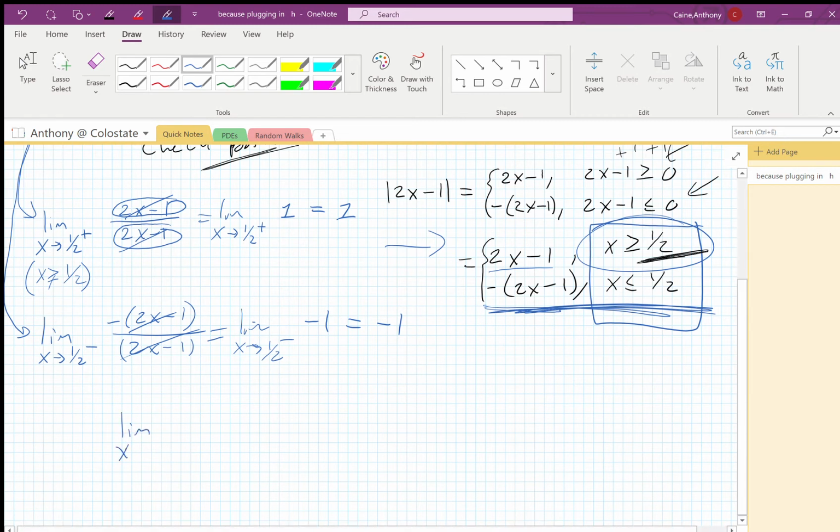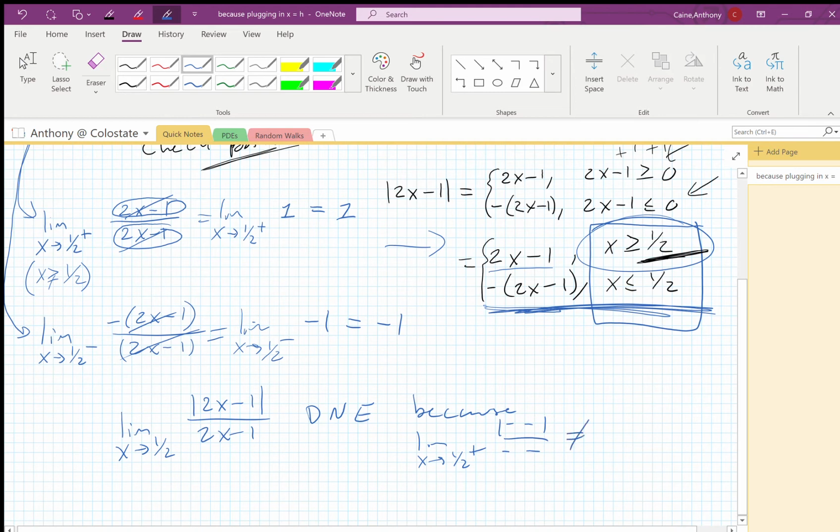Our conclusion is that the limit as x goes to 1/2 of the absolute value of 2x minus 1 over 2x minus 1 does not exist, because the limit as x goes to 1/2 from the right of the absolute value of 2x minus 1 over 2x minus 1 is not equal to the limit as x goes to 1/2 from the left of the absolute value of 2x minus 1 over 2x minus 1. Okay, so this is what a final answer would look like.